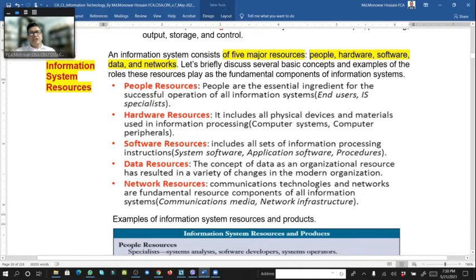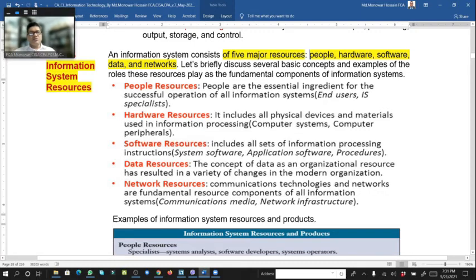And data resource: the concept of data as an organizational resource has resulted in a variety of changes in the modern organization. Nowadays, data means big data analysis, all things within the data. If you think of a bank, everything is within the data, all received payments, just data analysis and data resource management.